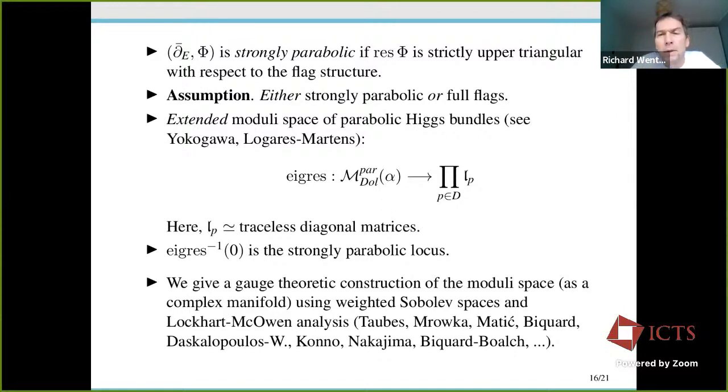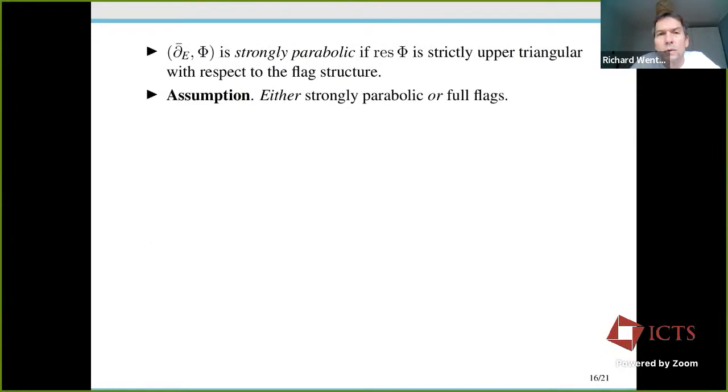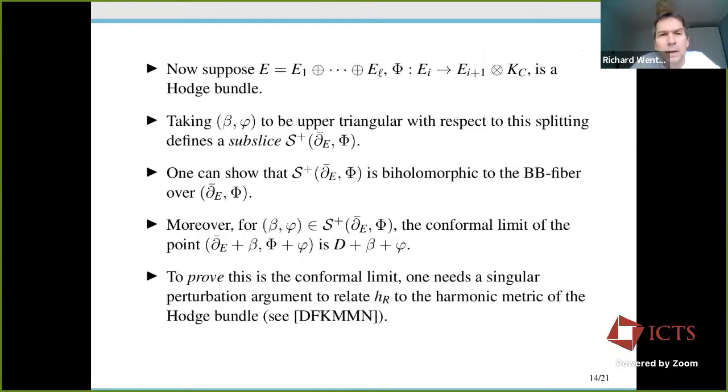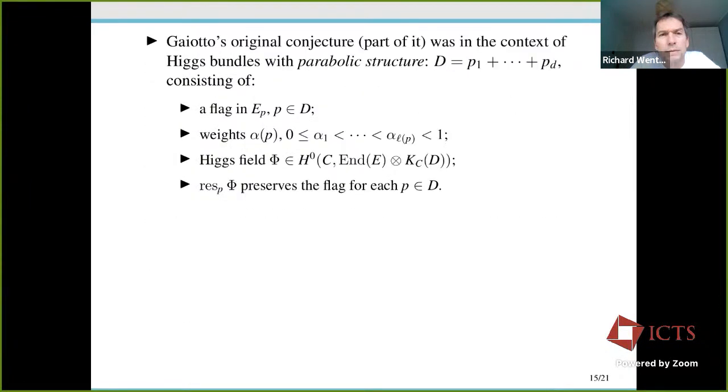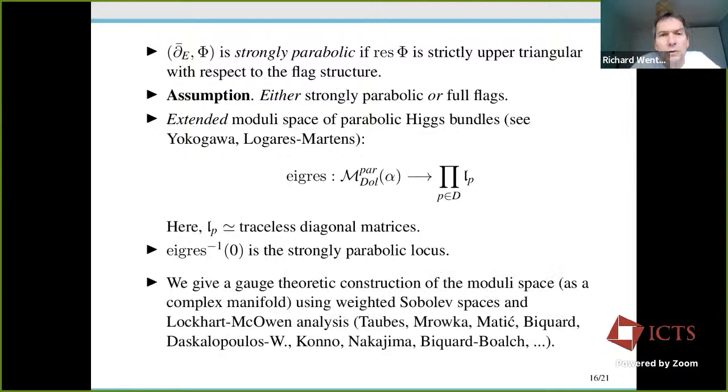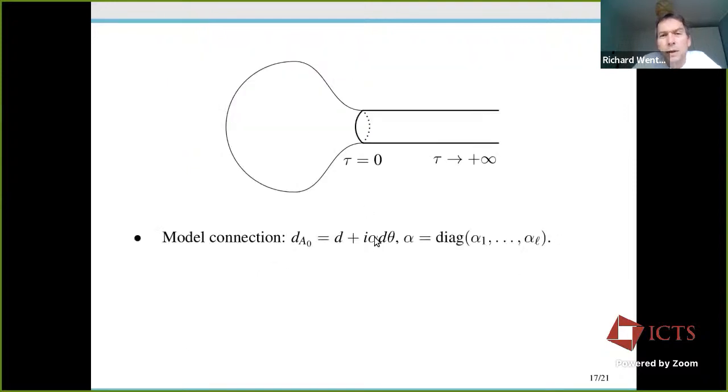There's another reason that things will go wrong, and let me just say this briefly. I said that there's a model connection here. Implicitly, there's a unitary frame as well. In other words, I've chosen a metric, and the metric is adapted so that my model connection looks like this. When you have general residues for the Higgs field in non-abelian Hodge, that metric will not actually work. The model metric you choose has to be adapted.